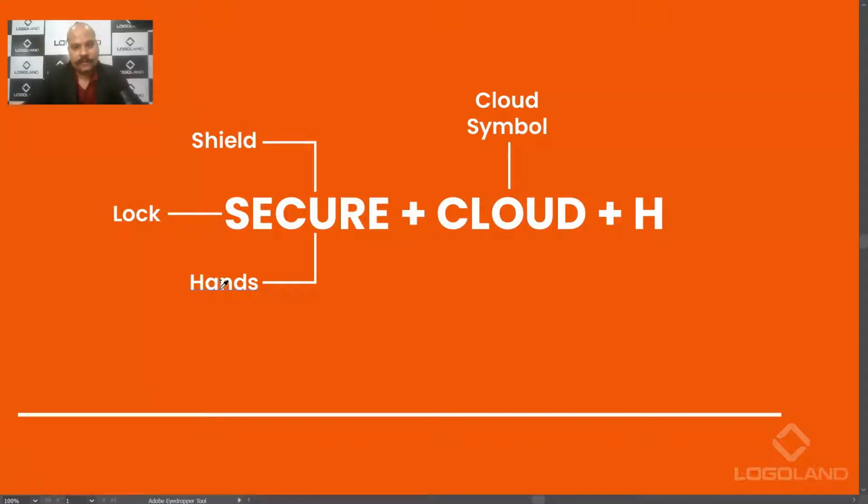Shield, of course, shield means securing anything. Lock, of course, to secure something we can use the lock. Hands, of course, but I found this shield appropriate to use in my sketch in the logo, so I'm going to take this in my logo.